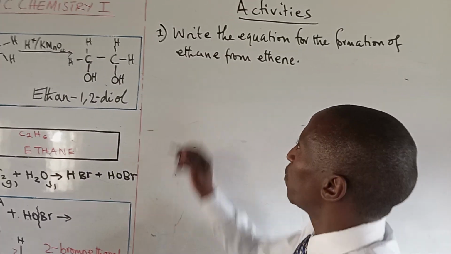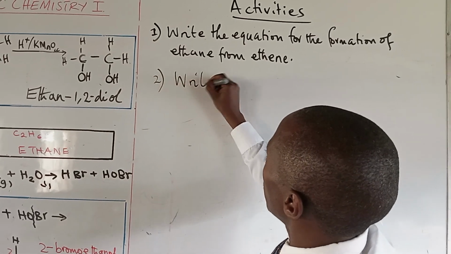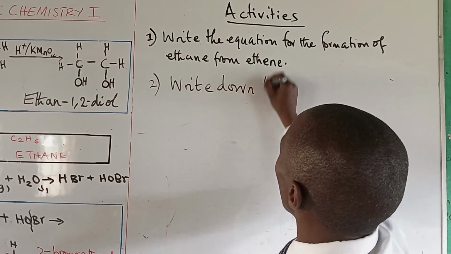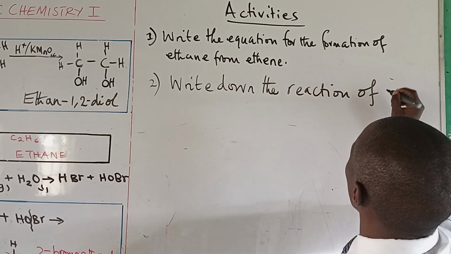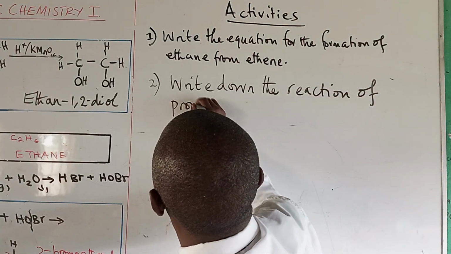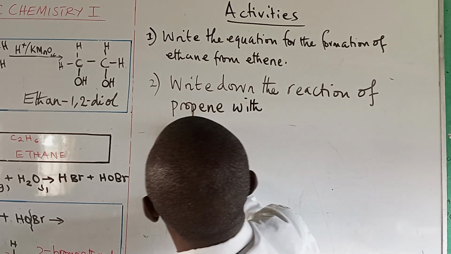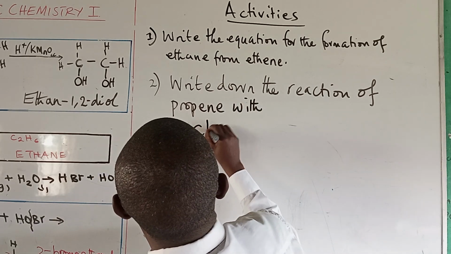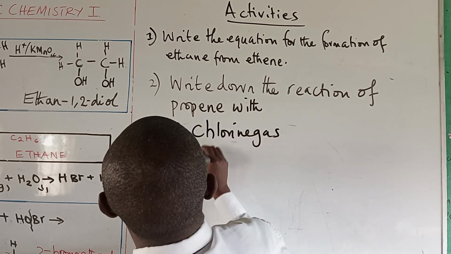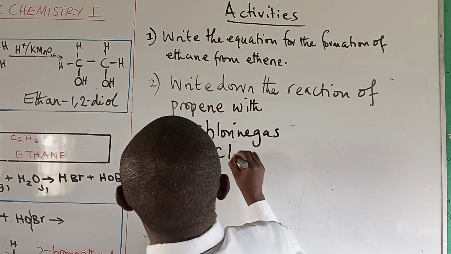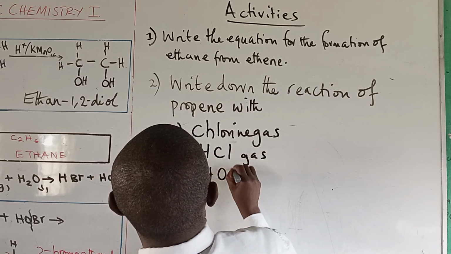In activity number 2, we shall write down the reaction of propene with A, chlorine gas, B, hydrogen chloride gas, and C, hydrogen bromide.